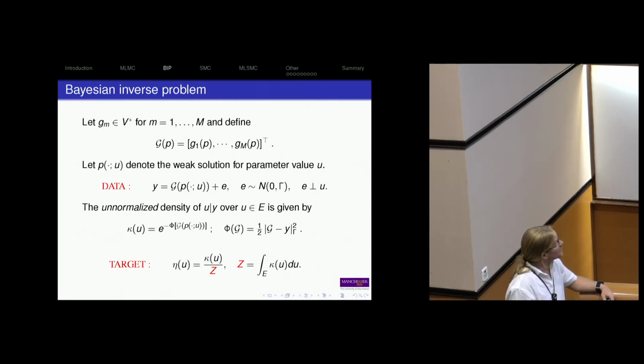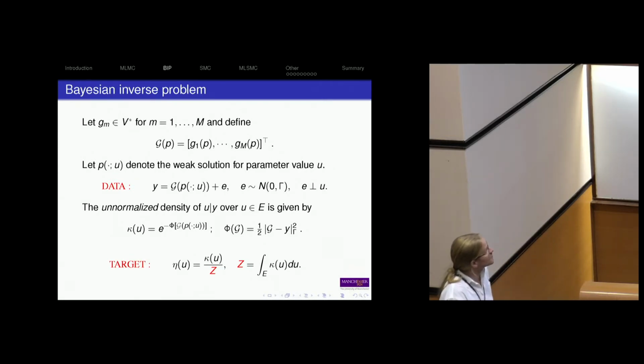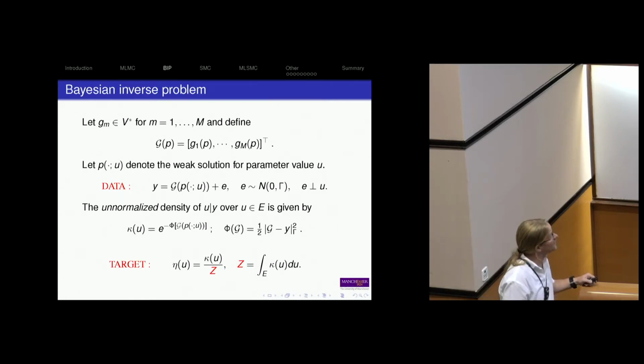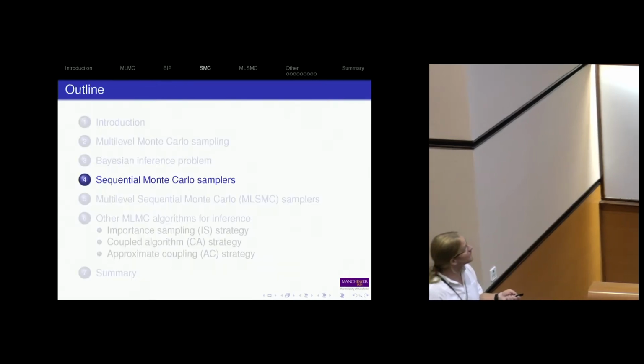So then we can write the unnormalized density, and it's just the exponential of a negative quadratic in G, which is a nonlinear function of U, of course. So it's not just Gaussian with a uniform prior in the end. And then the troublemaker for the Bayesian context is this guy here, the normalizing constant, which we don't know.